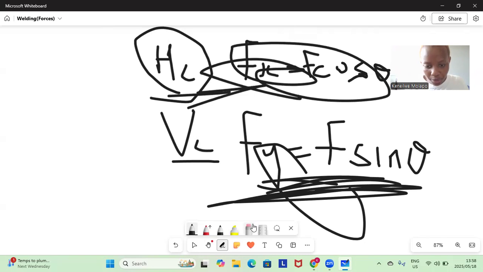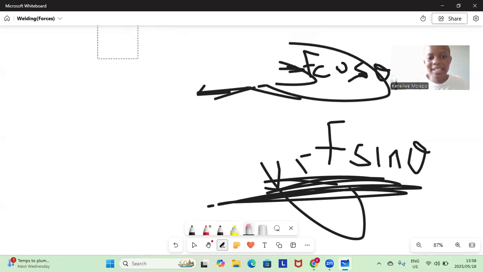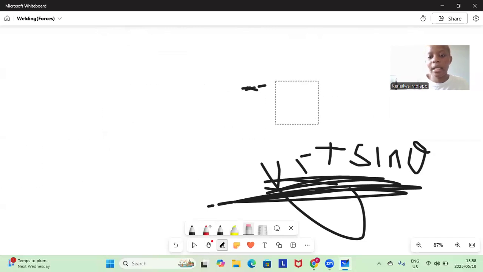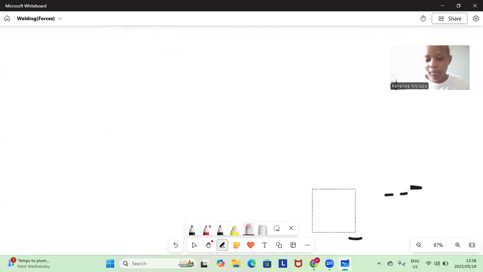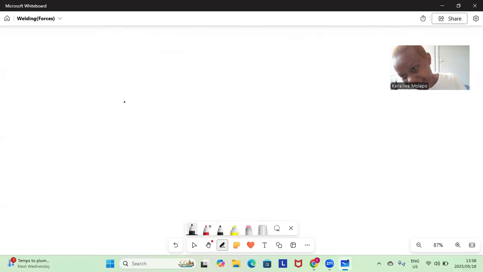The other thing that you have to know is that they can ask you to find your vertical components. Then after finding your vertical components, the next question can say, find your resultant force. To find your resultant force, you have to know the formula.